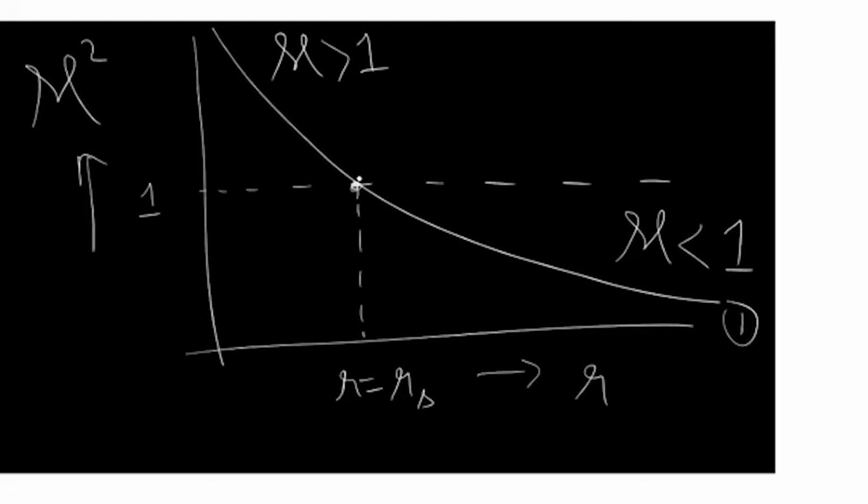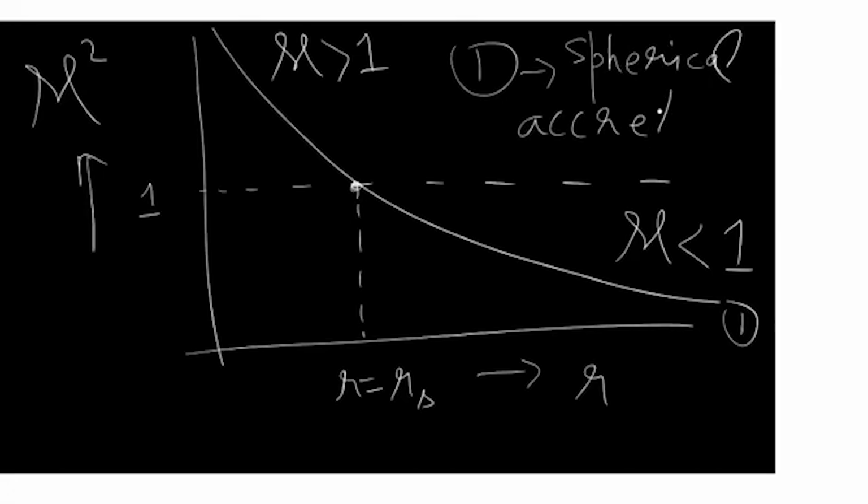As it accelerates even further, it comes even closer to the star, and it becomes quite supersonic. So solutions of this kind represent spherical accretion.